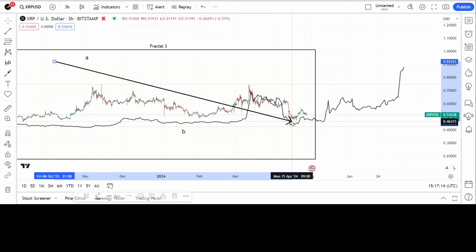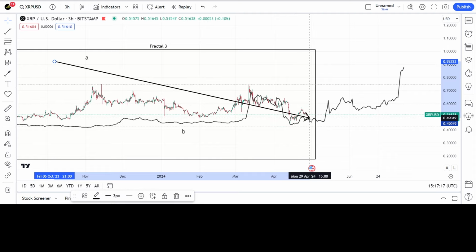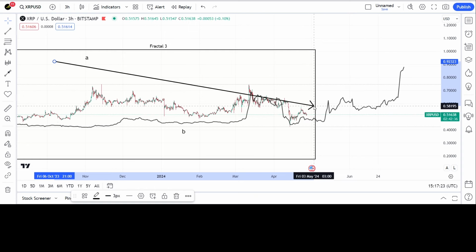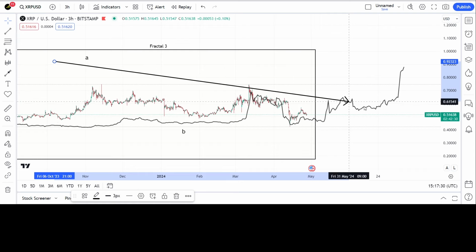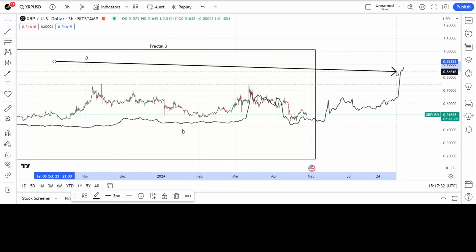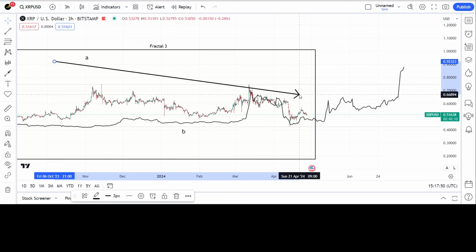So we would essentially be doing something like this. So if this is what is taking place, price would do something similar to this, maybe not exact, but a rough idea. So it would kind of consolidate, potentially move up, and then do this part, and then we would go into the bull run.